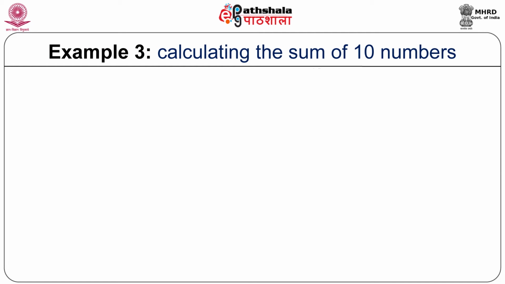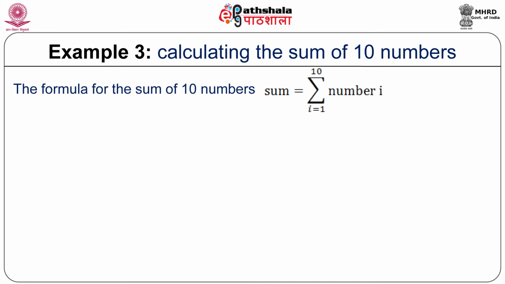Third example, to calculate the sum of 10 numbers. The formula for the sum of 10 numbers is given like sum equals summation of i goes from 1 to 10 of number i. So in this, we have divided this problem into different steps.